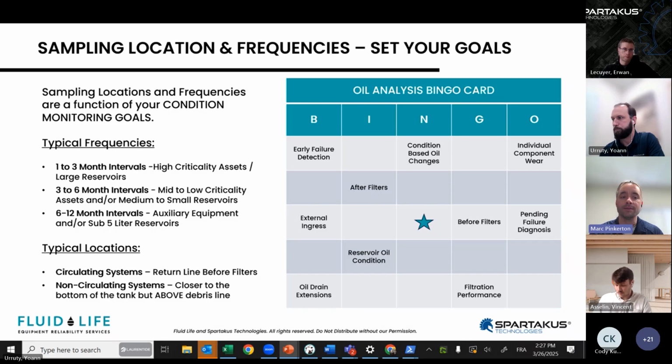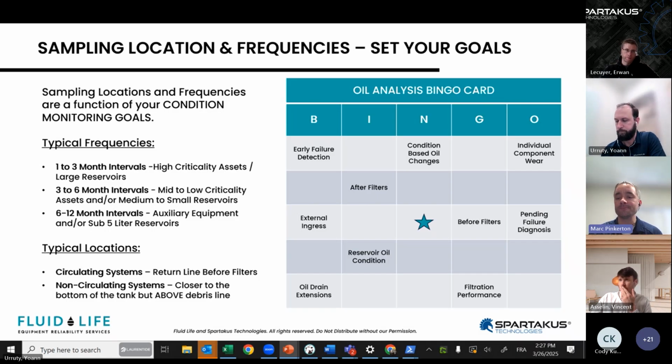Then in terms of locations, it depends what asset you're thinking of, but for circulating systems, if you have one location to pick, it should always be on the return line before the filters. And then in non-circulating systems like gearboxes, you're probably going to have to use some type of fixed pitot tube or a pump and drain method.